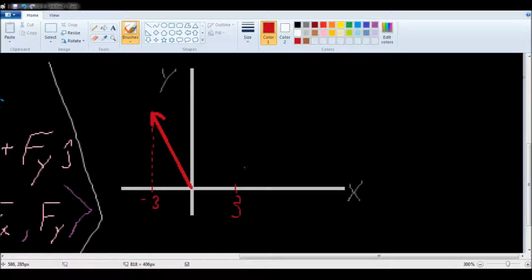And the way you'd write that is either you can call this negative 3 or positive 3 in the negative I direction, or the negative x direction, and that's where your negative would come from.